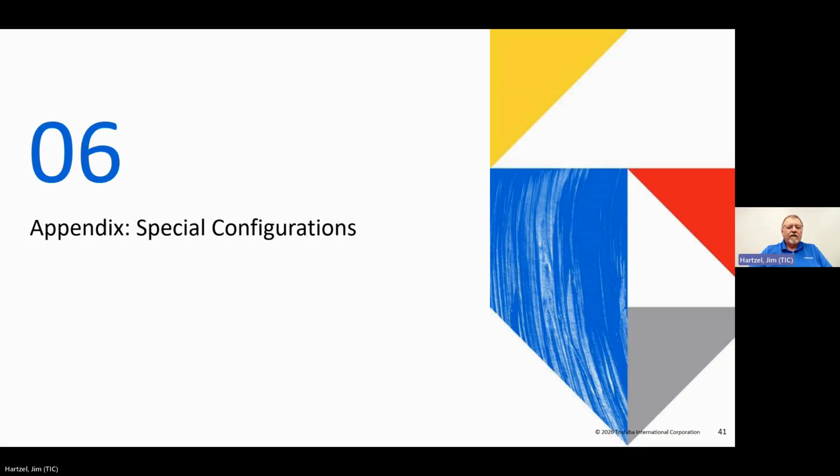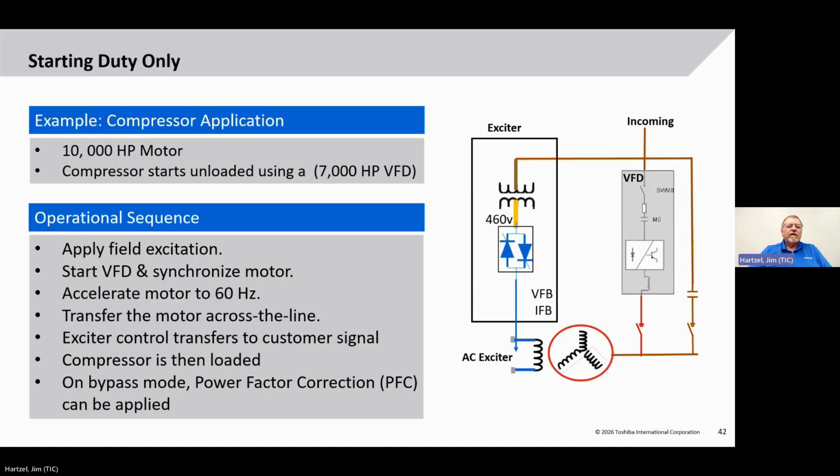Yeah, okay. So special configurations that I want to cover here is starting duty only. This is an application that we've done numerous times in which they may, in this case, have a 10,000 horsepower motor. In this case, it's a natural gas compressor.